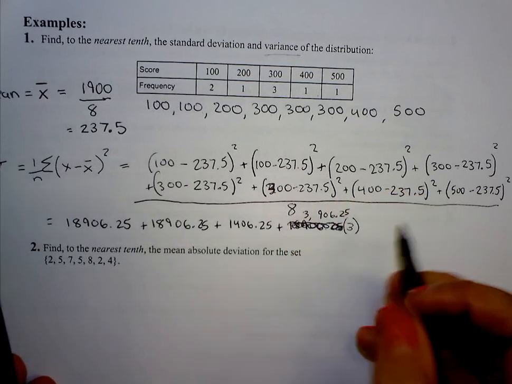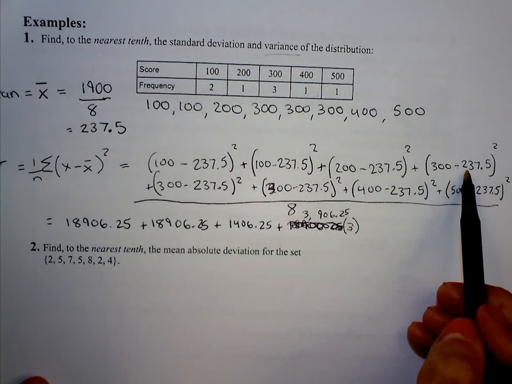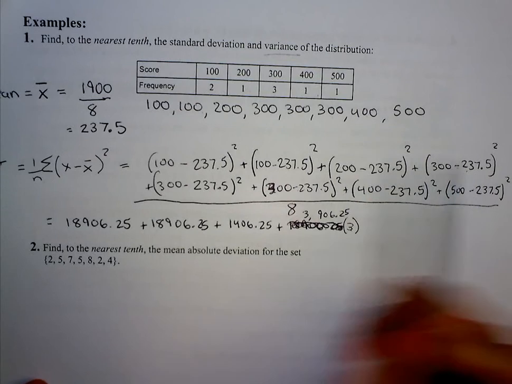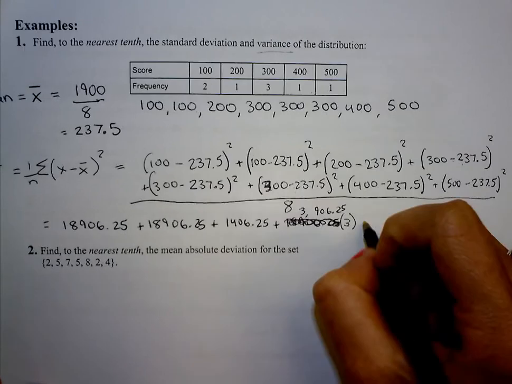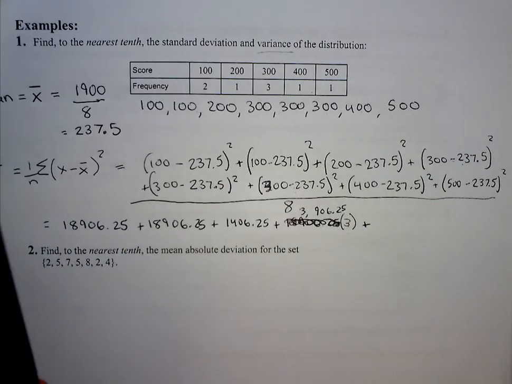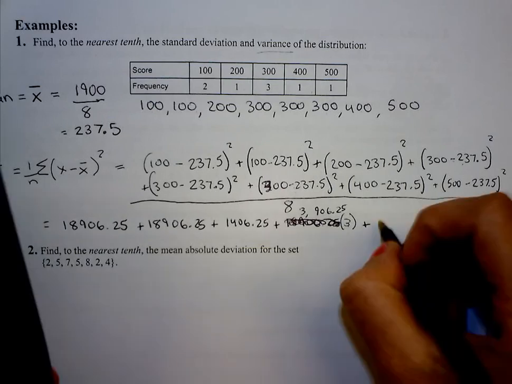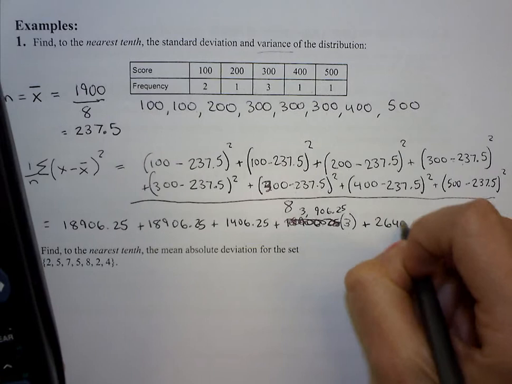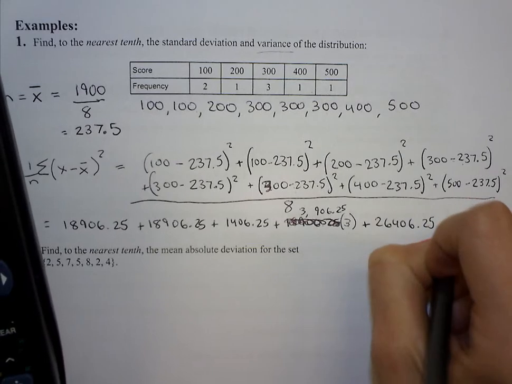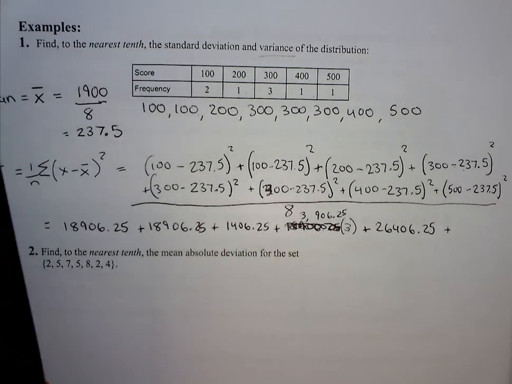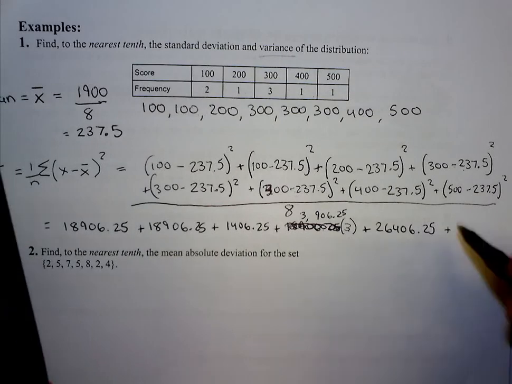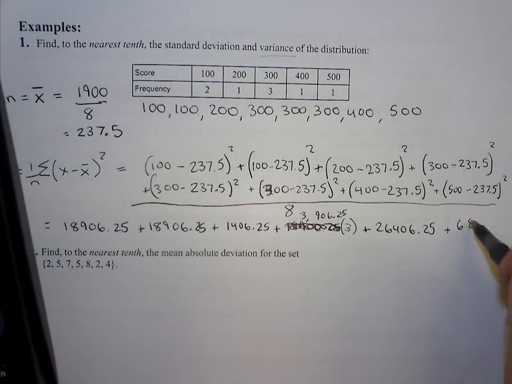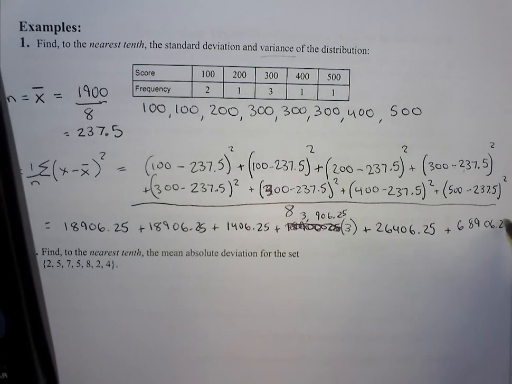And I'm going to multiply that by 3 because this 300 is the same here and here. So I'm going to have 3 of those. And then I'm going to do 400 minus 237.5 squared, which gives me 26406.25, plus 500 minus 237.5 squared, which gives me 68906.25. Check my work, guys, make sure I'm right.